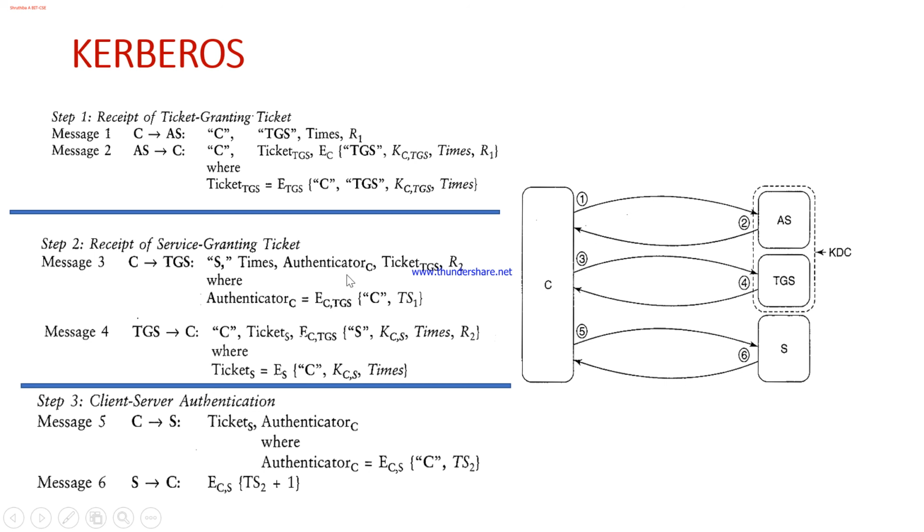The authenticator C contains its identity and TS1, the time duration of the session key, along with the ticket granting ticket it has received, and again the challenge.